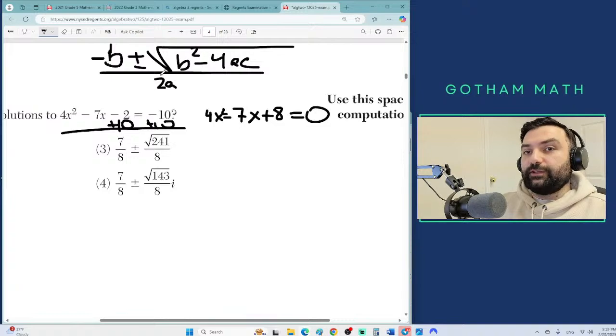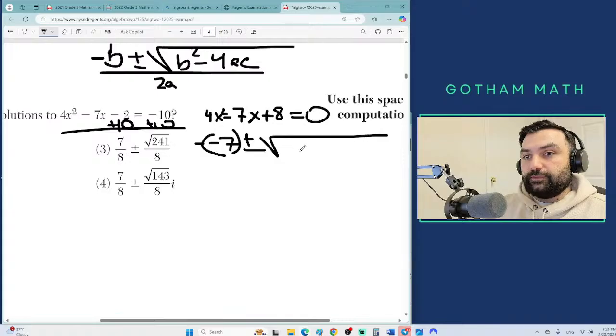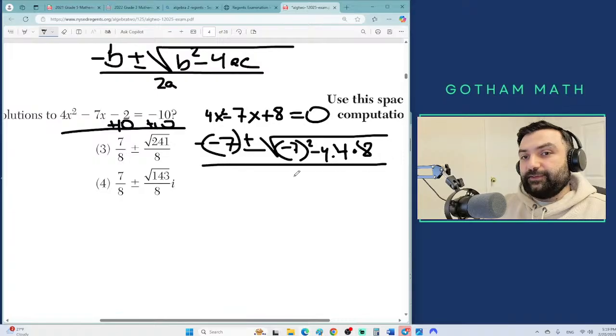And now we can use this formula. A is 4, B is negative 7, C is 8. Negative negative 7 plus minus square root of negative 7 squared minus 4 times 4 times 8, and it's everything over 2 times 4.